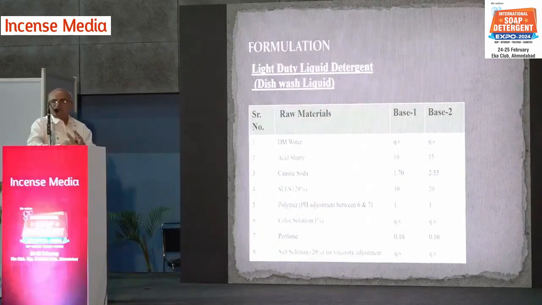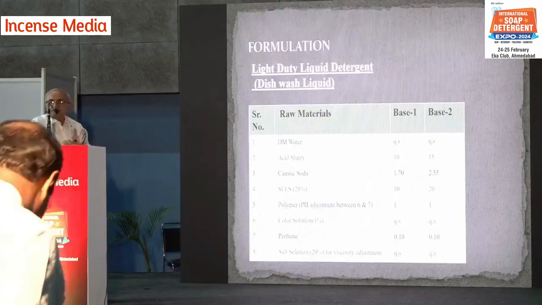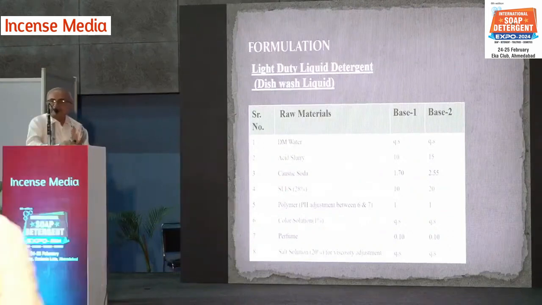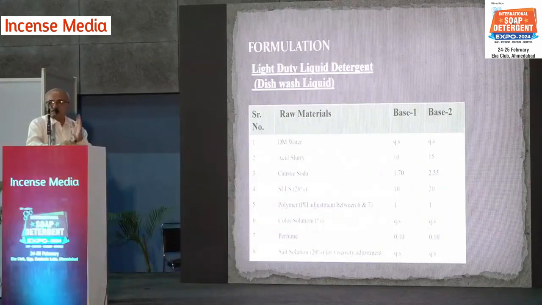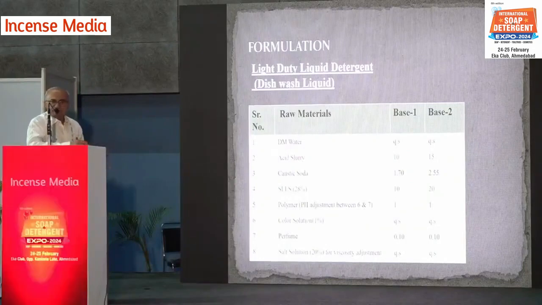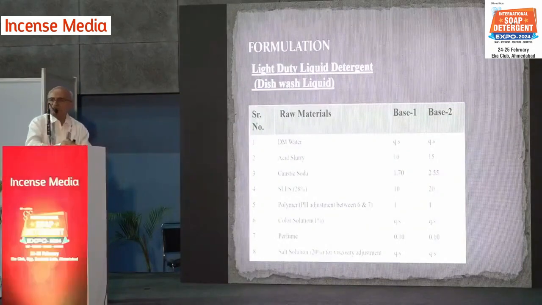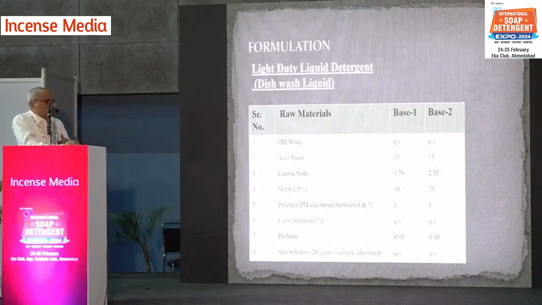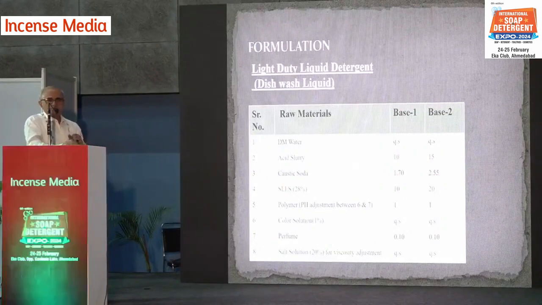Dishwash liquid active matter, which includes anionic surfactants like acid slurry, AOS, SLS. So all things put together, the minimum active matter should be 12% and the maximum should be 20%. So here we have given two examples.